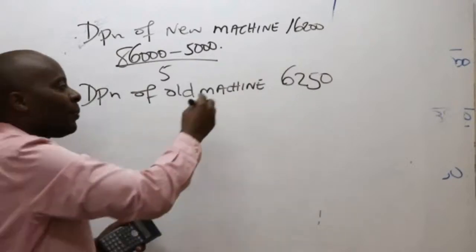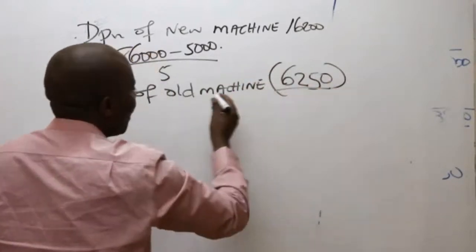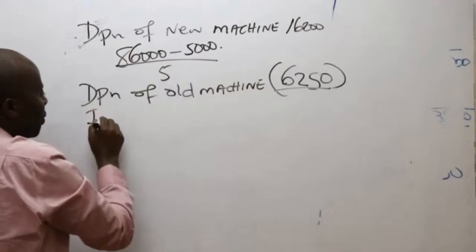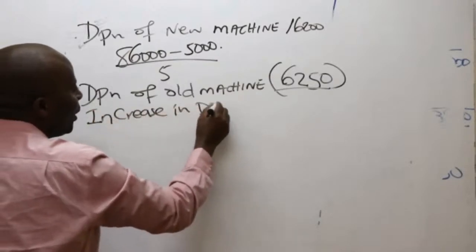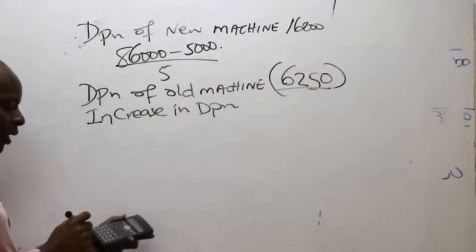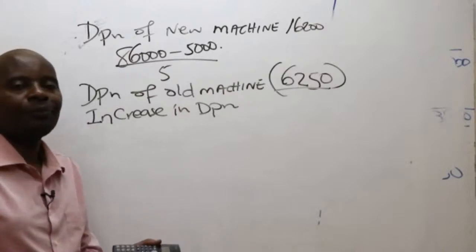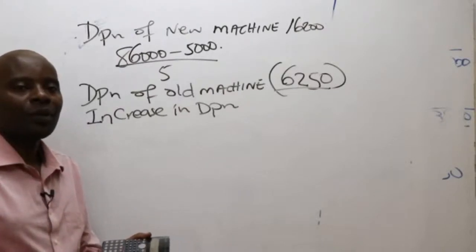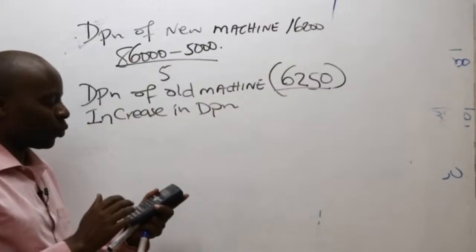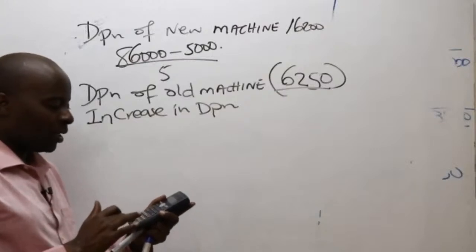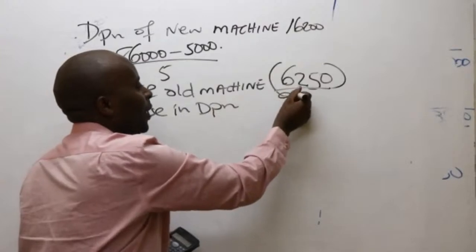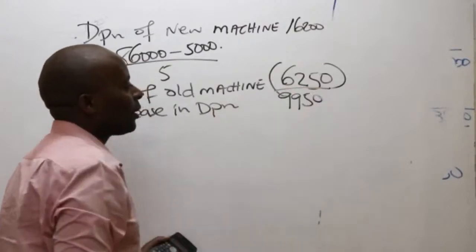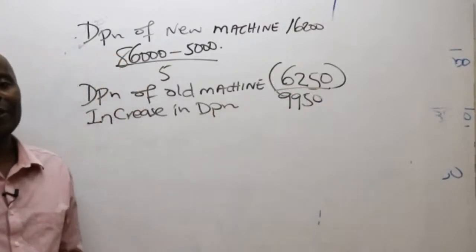So come and subtract the two to give us the increase in depreciation. The increase in depreciation here will be 16,200 minus 6,250, which gives me 9,950.